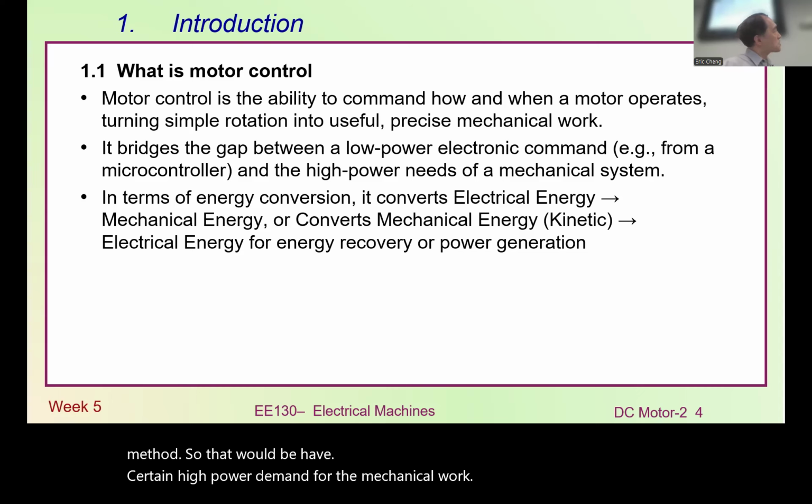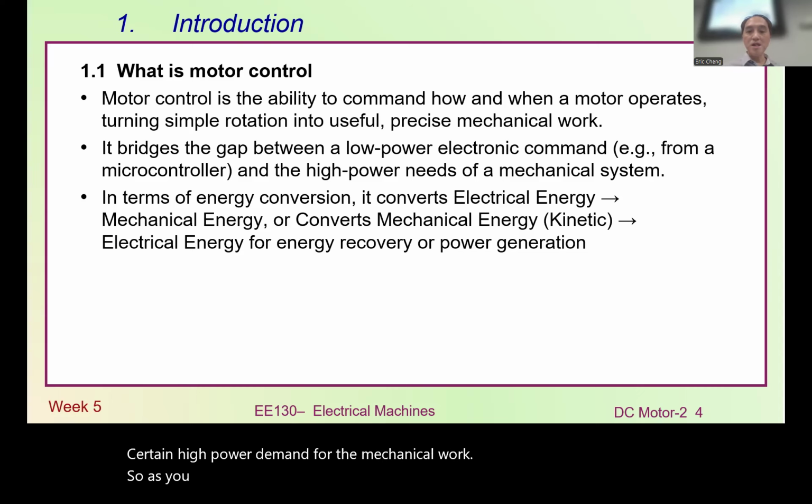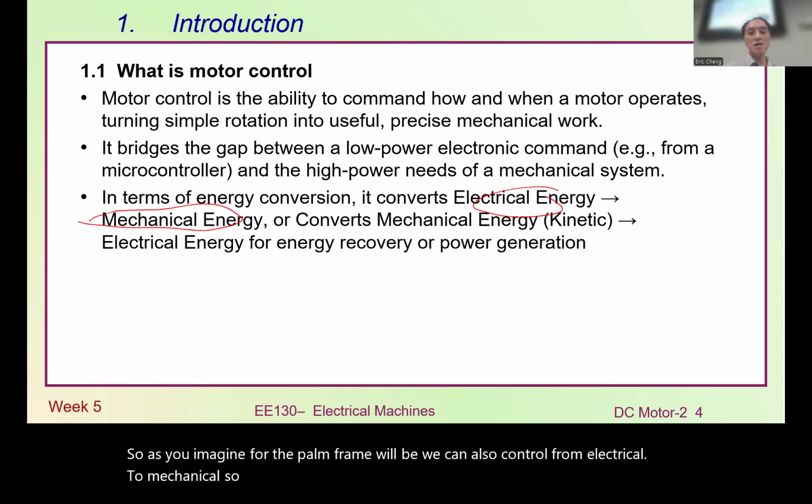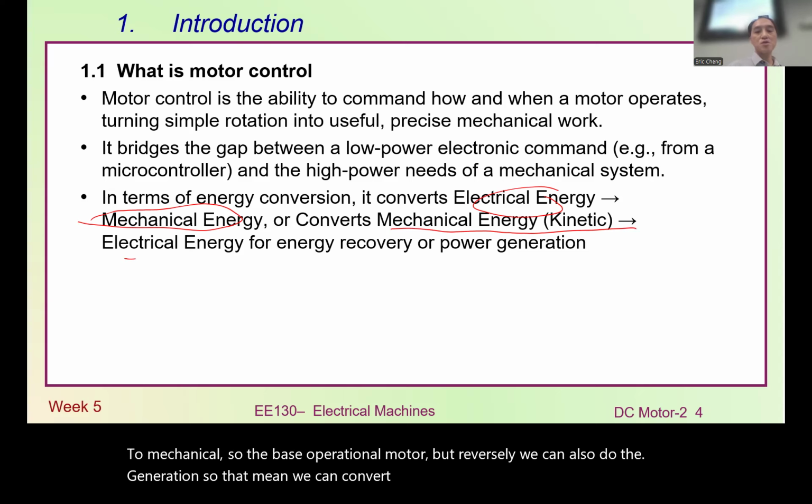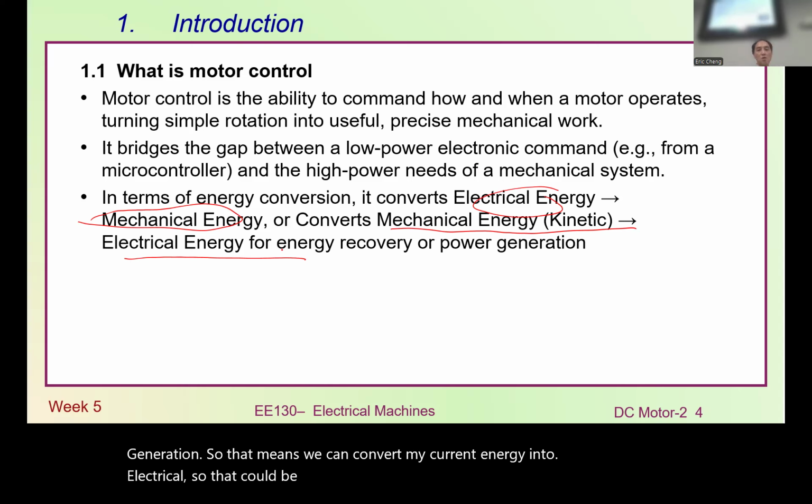So as mentioned for point 3, we can also control from electrical to mechanical, which is the basic operation of a motor. But reversely, we can also do generation. That means we can convert mechanical energy into electrical, which could be done by normal power generation or from braking or energy recovery.